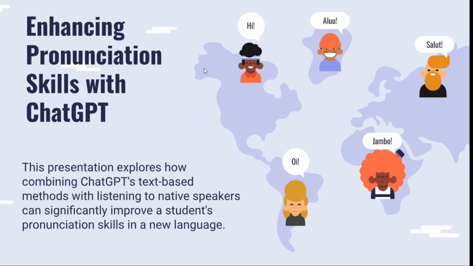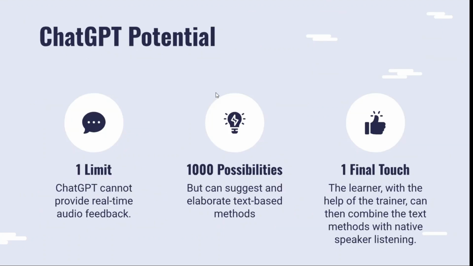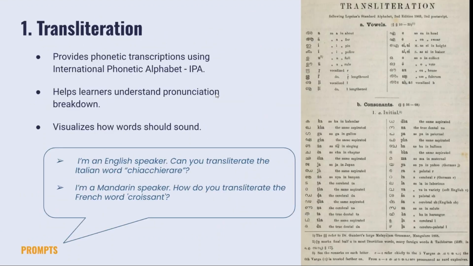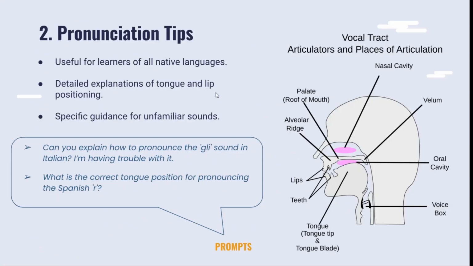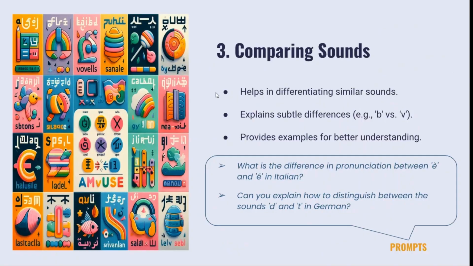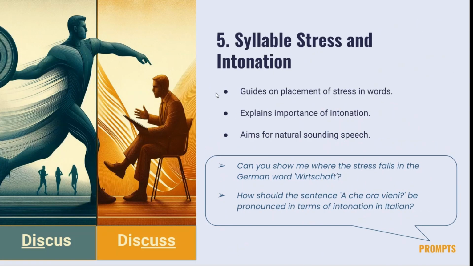You can choose maybe one or up to three options. So, for example, you can try some of those prompts in transliteration, and maybe one on comparing sounds and one on syllable stress and intonation, to see how it fits in your language and what is the result.